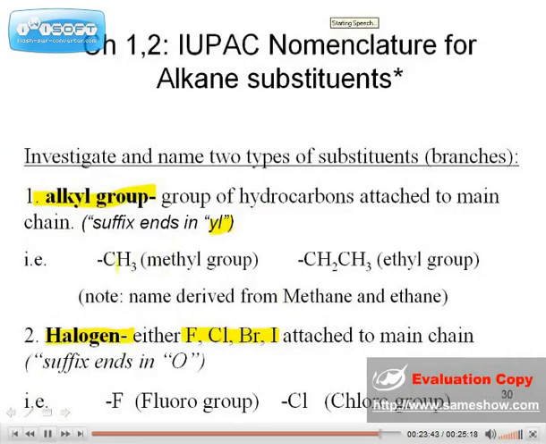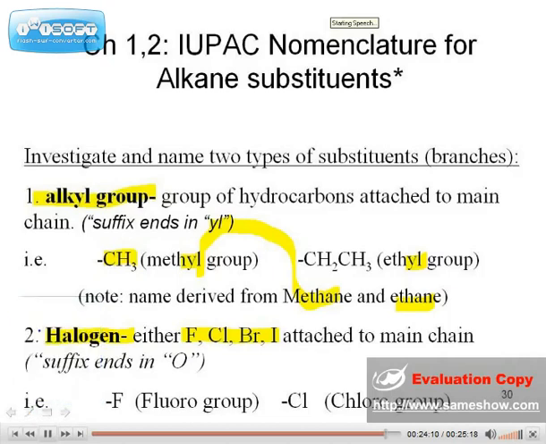So if we're adding in a single carbon alkyl branch, then it's methyl. If we're adding in a 2-carbon branch, then it's going to be ethyl. So notice they're originally derived from the name methane for 1 carbon, ethane for 2 carbons, but we added in the yl.